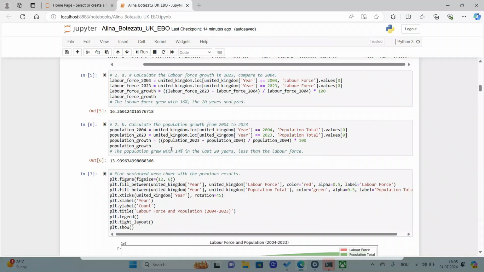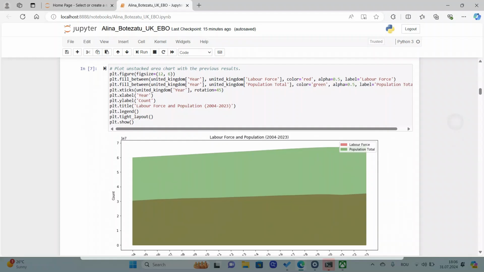The population grew by 13% in the last 20 years, less than the labor force. Then I plotted an unstacked area chart with the labor force growth and population growth. I tried a stacked one, but I didn't like how it looked, so I made an unstacked one.